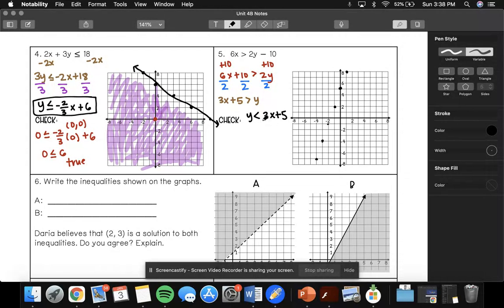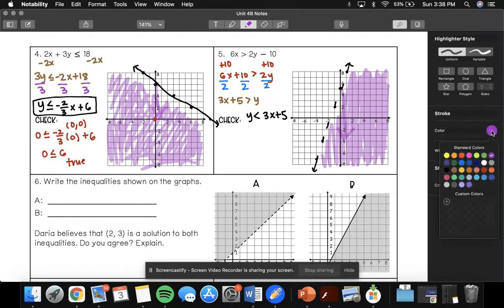It is less than, so it is a dashed line. Okay. And then for shading, y is anything that is less than 3x plus 5, so it's less than this line. So it's anything lower than this line.